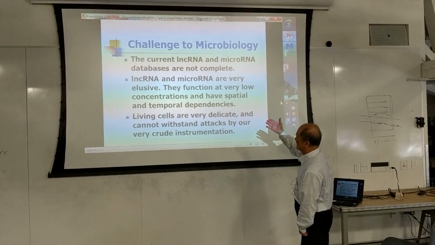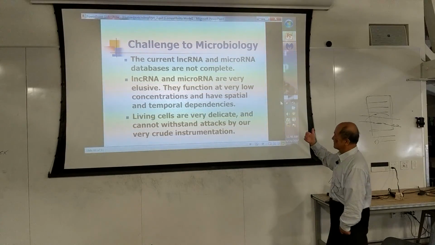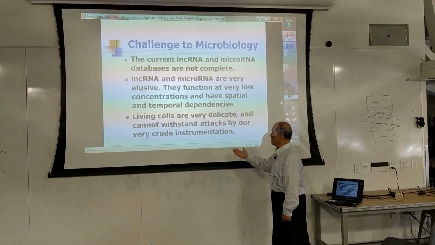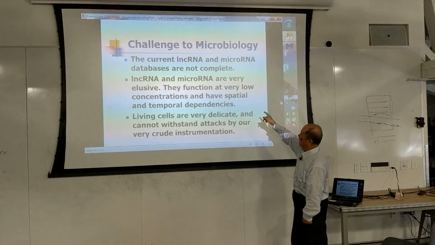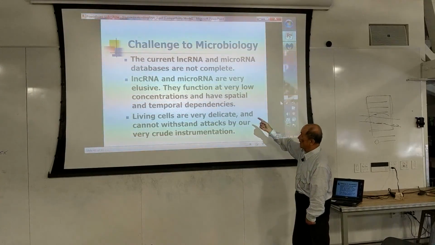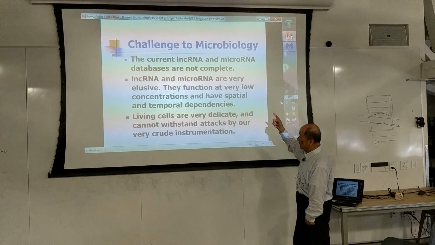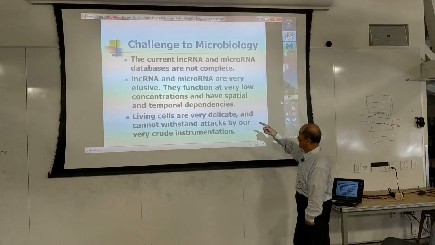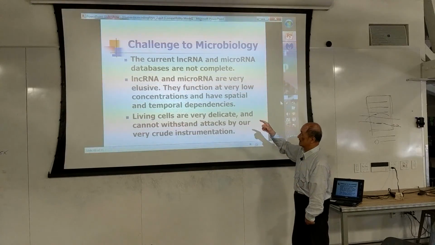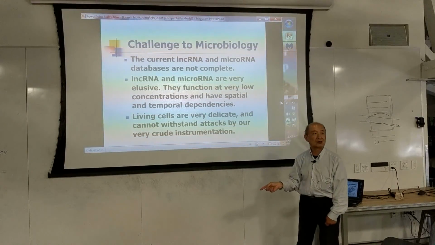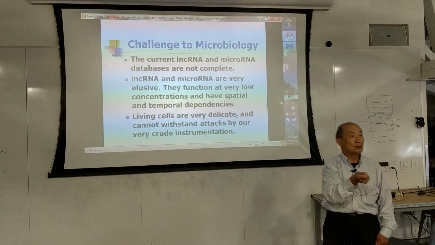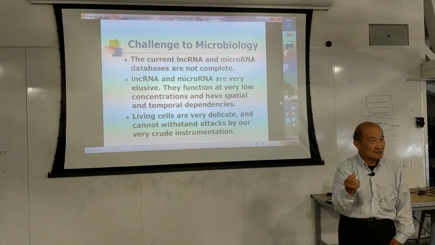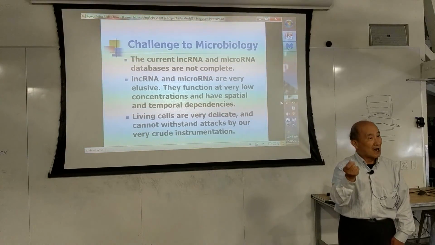Another thing is that in living cells, microRNA and long non-coding RNA are known to have very low concentration and spatial and temporal dependencies, because these things are produced by various cells in various organs at various times, depending upon the progress of the life cycle of these cells.